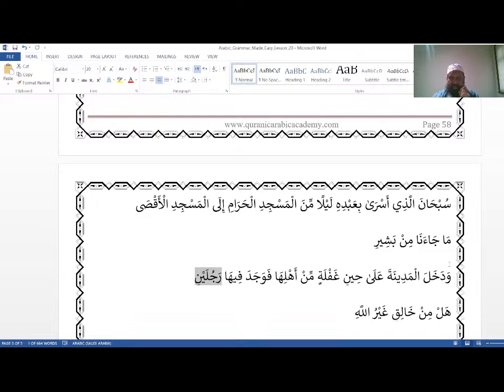Rajulina. Can the word Rajul be made into Jama Mudhakkar Salim? No, it is a solid ism. A name of something. When it's a solid ism, we cannot make it into Jama Mudhakkar Salim.